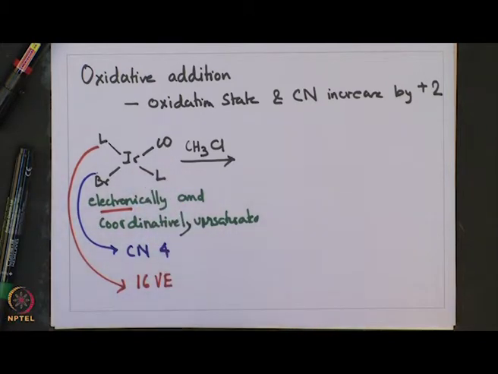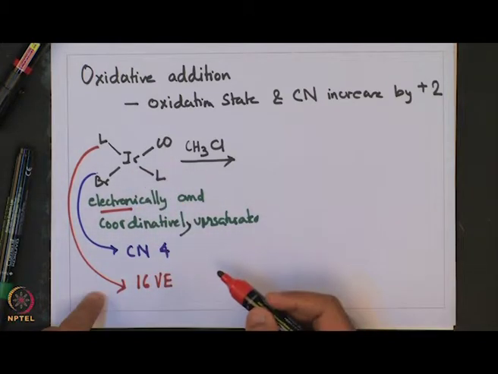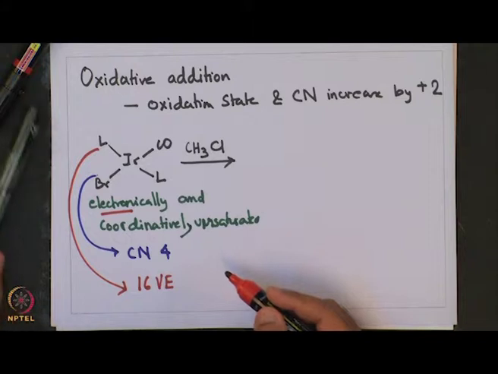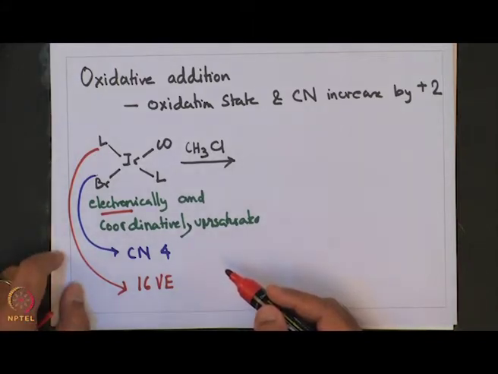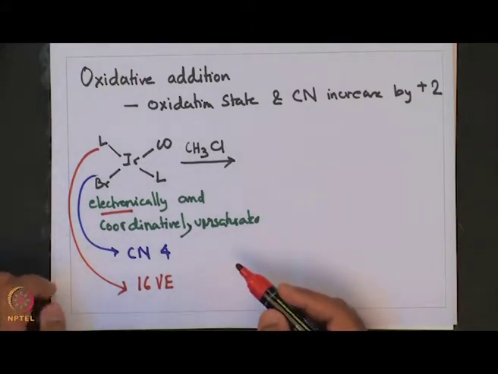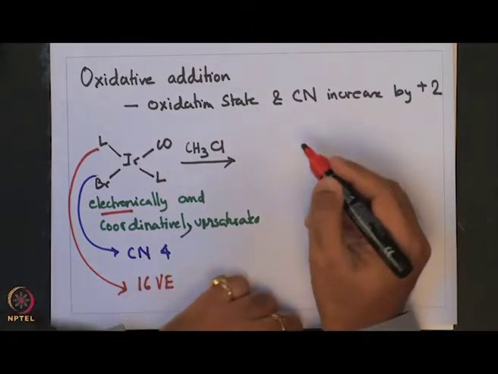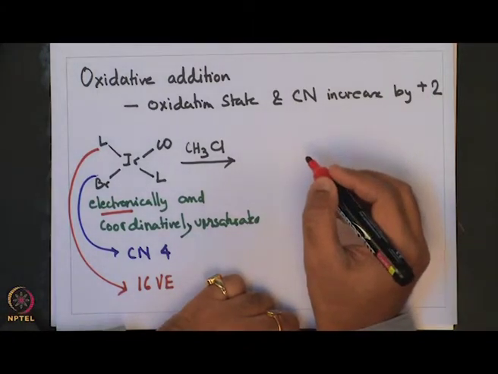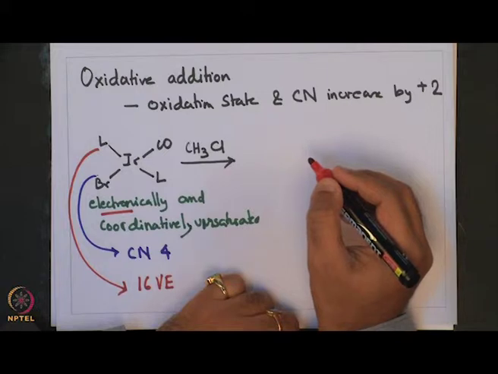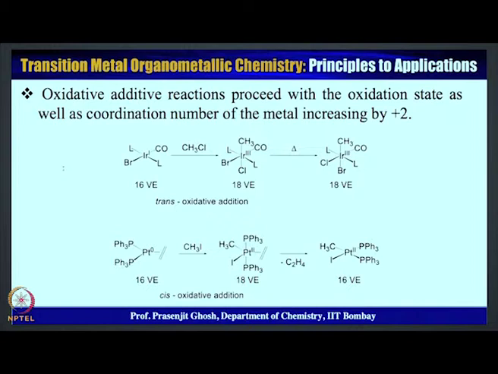So, this complex, which is both electronically and coordinatively unsaturated, reacts with methyl iodide to give this electronically and coordinatively saturated iridium octahedral complex, having the methyl added to it.